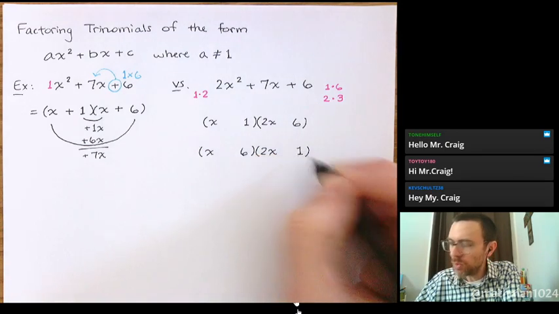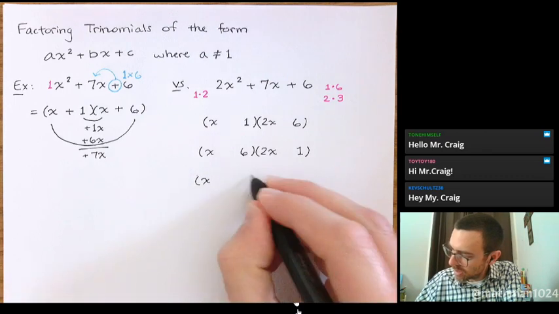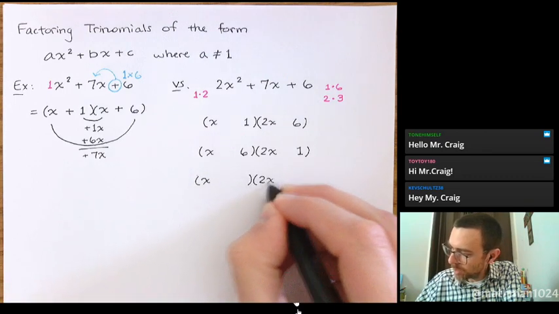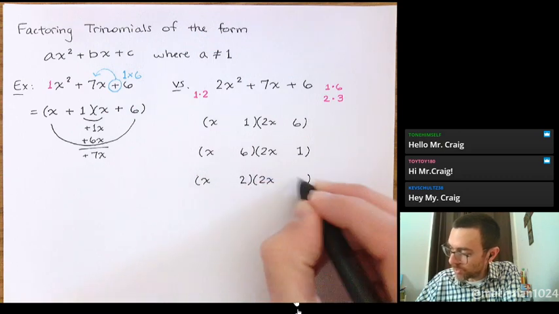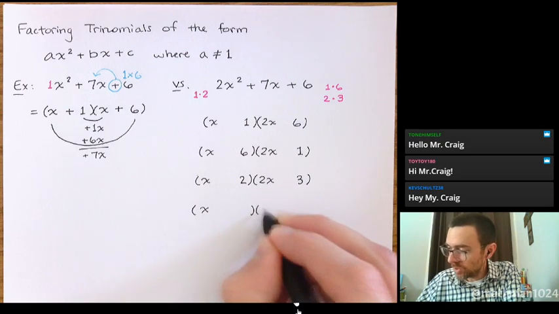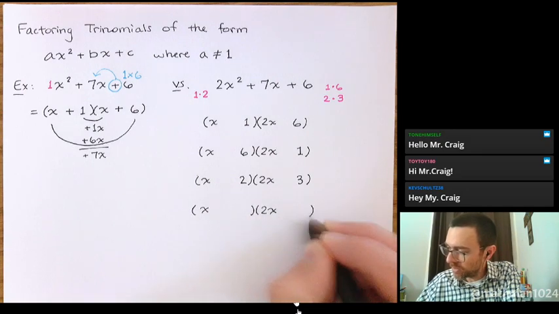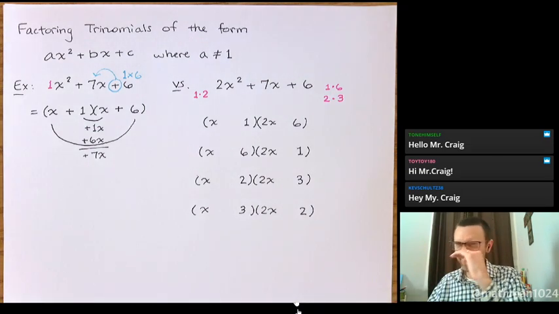Let's see what happens if I were to swap the order of those factors. Or maybe it's the combination x and 2x, and I do 2 and 3. Or, and this is the only other possibility that we have, rearranging the factors like that.